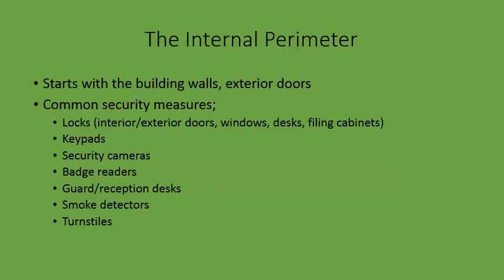The internal perimeter really starts with the building walls, the exterior doors, etc. that provide access to the internal premises. Now, common security measures here include locks to doors, windows, the locking of desks, the locking of filing cabinets, etc. Keypads, security cameras, badge readers, guard or reception desks, smoke detectors, and possibly even turnstiles.